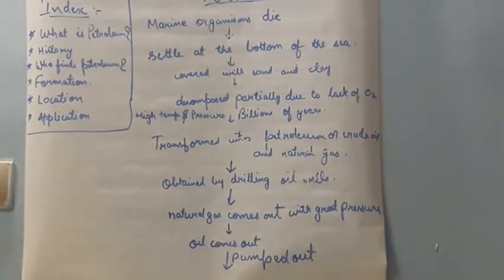And when natural gas is coming out, the crude oil part remains there. After all the natural gas has come out, oil also starts coming out. When they see that oil has started coming out, they pump it out, again using equipments, from deep down the earth's crust.